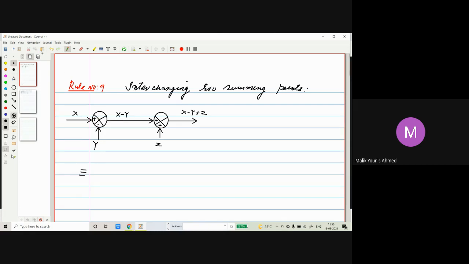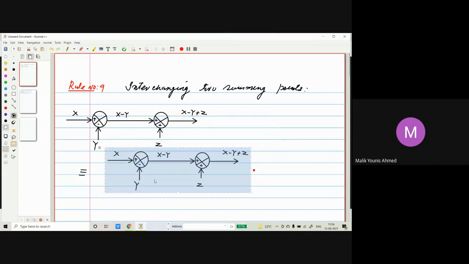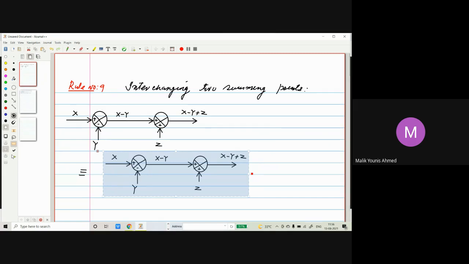I will copy this because I don't want to repeat it. Okay, copy and I'm going to paste it here. This will be equivalent to, I'll just manipulate it.